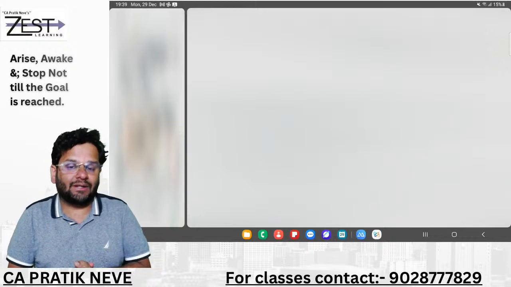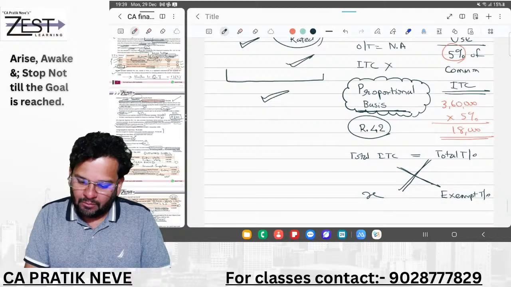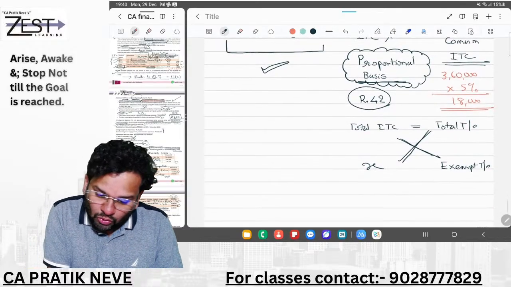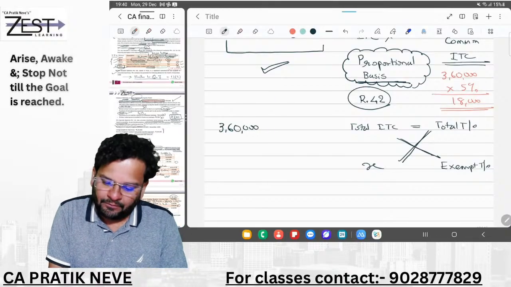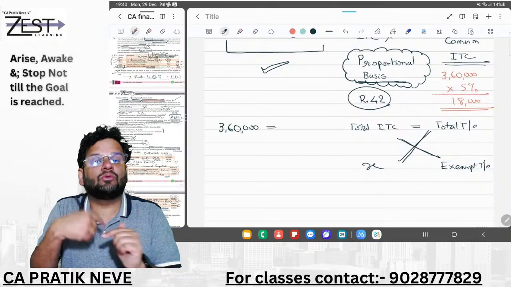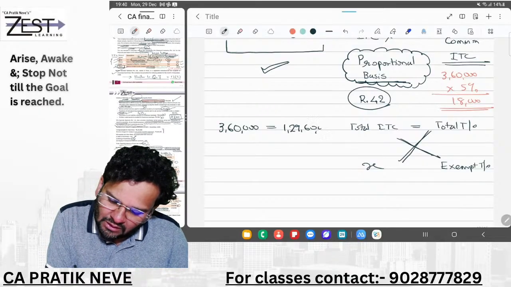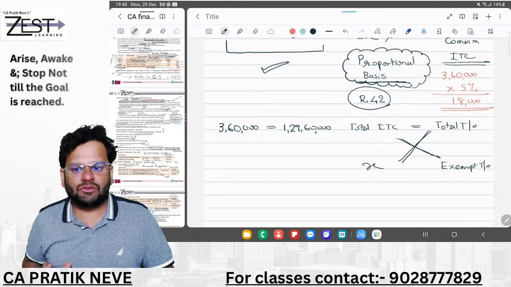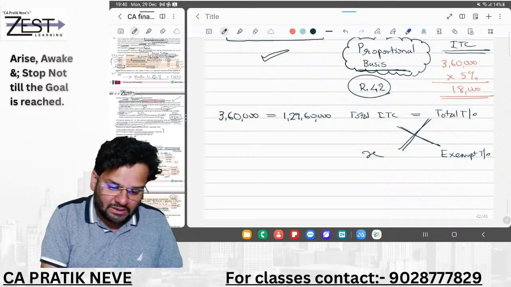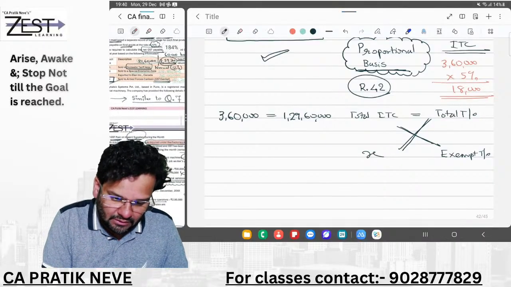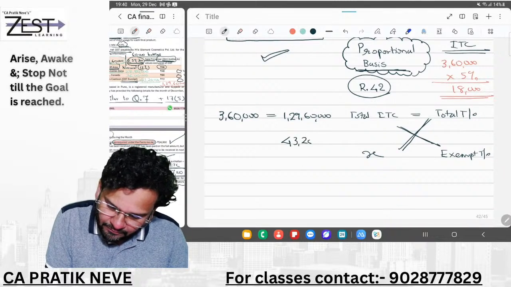Why have we calculated that? Let me tell you. Point is, your total ITC is 3 lakh 60,000. That is being used for manufacturing goods of 1 crore 29 lakh 60,000. Yes, but your exempt turnover is 43 lakh 20,000.